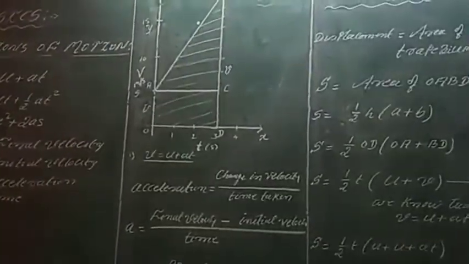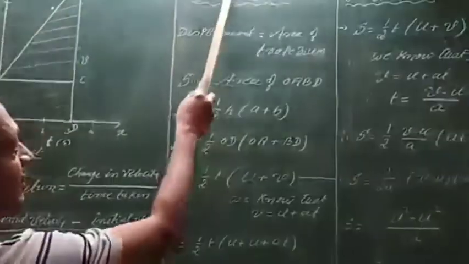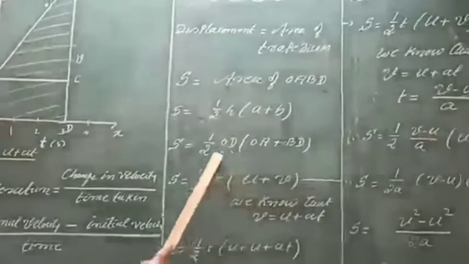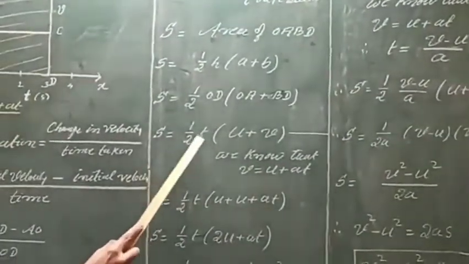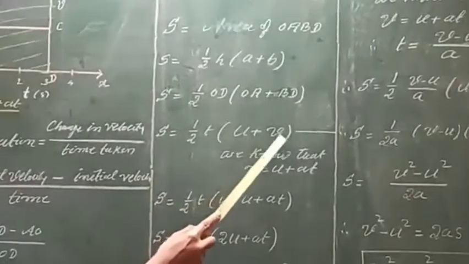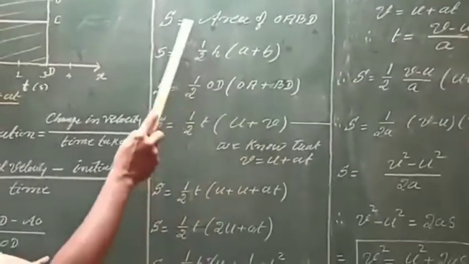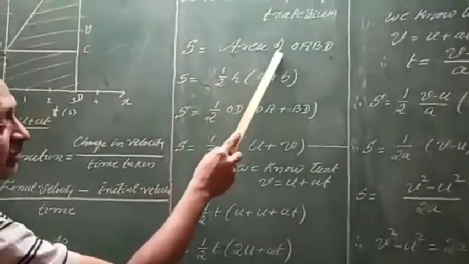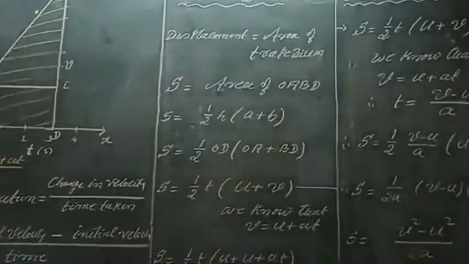Now you already know that in the second equation we have already proved S is equal to ut plus half at square. In this, just see this particular equation. Here we have S is equal to half into t, U plus V. This is the same as the displacement being equal to the area of the trapezium OABD.